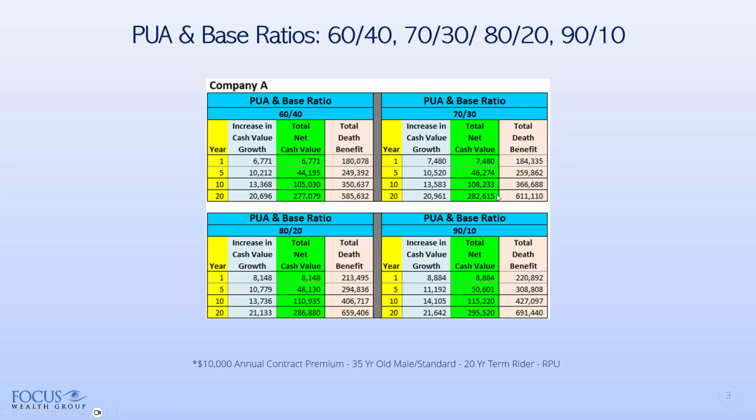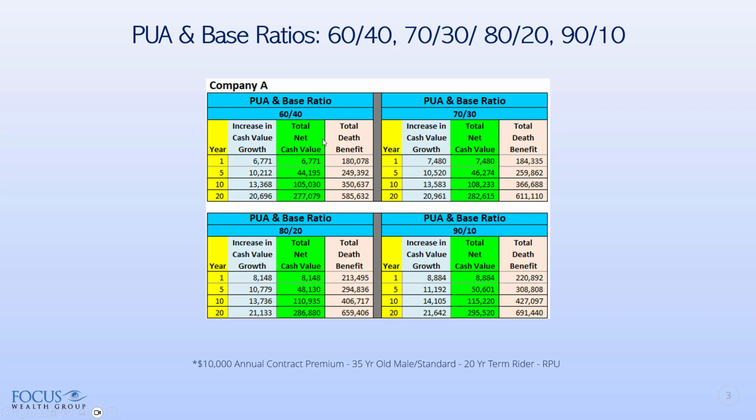The 20th year, the cash value is $282,000. In the 80-20 design, we see $8,148 in first year cash value and $286,000 in 20-year cash value. And the 90-10, the first year cash value is $8,884. The 20-year cash value is $295,000.